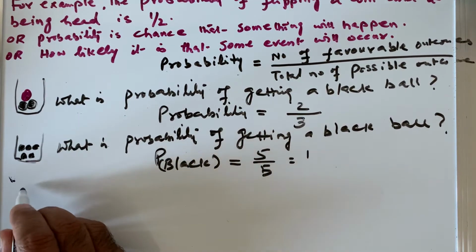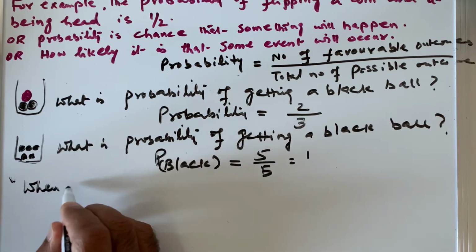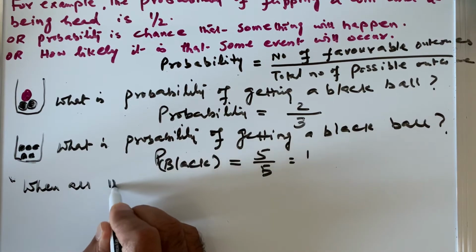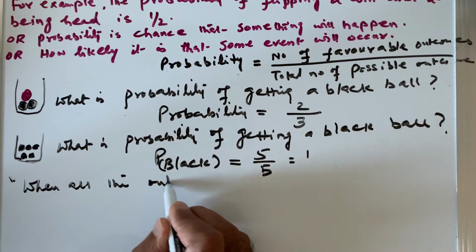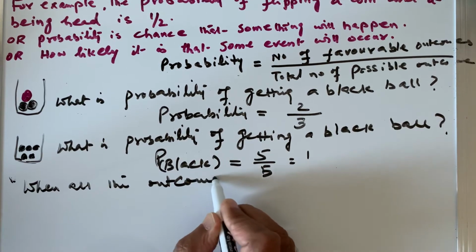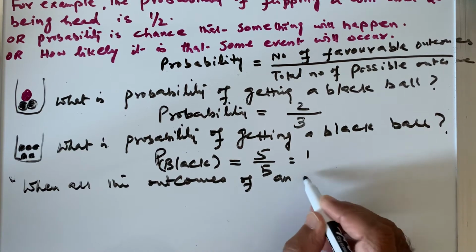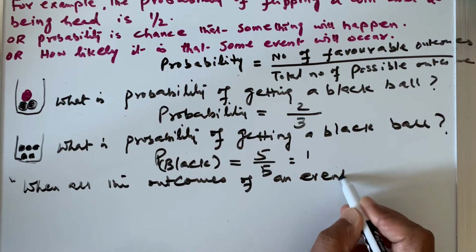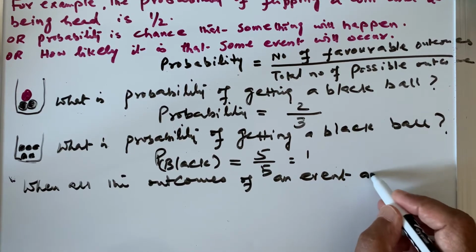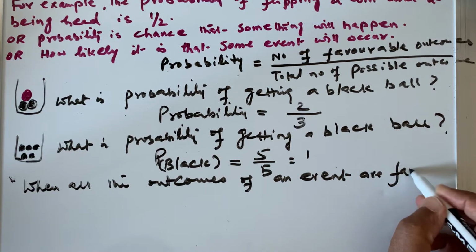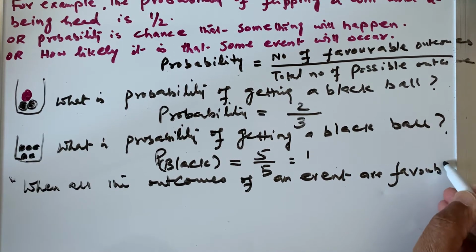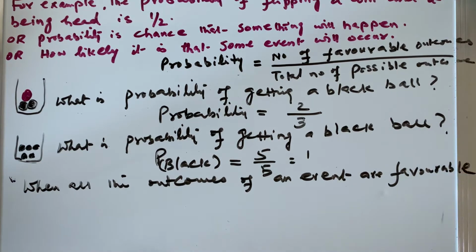When all the outcomes of an event are favorable, that is 100%. All events are favorable.